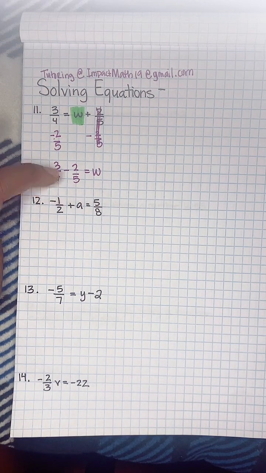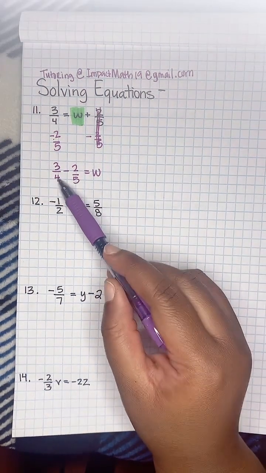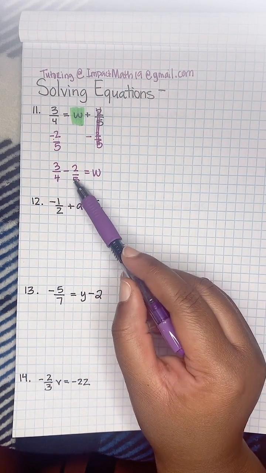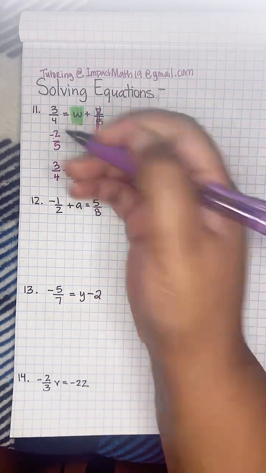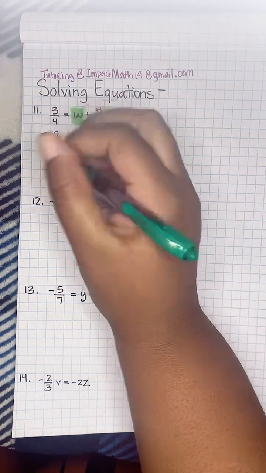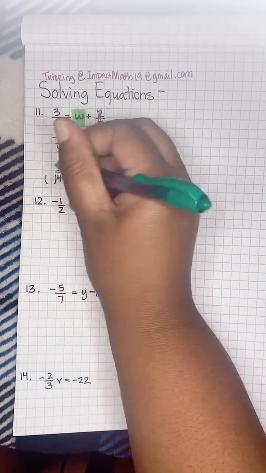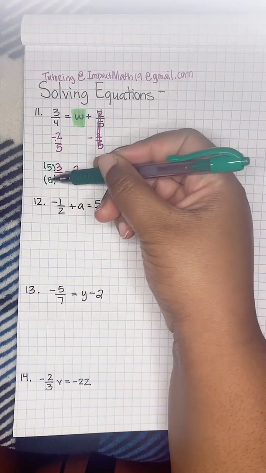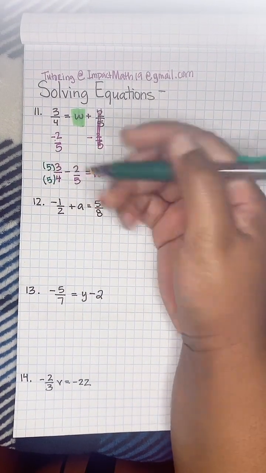The common denominator. Yes. And what that means is the bottom number has to be the same. So we have to think of a number that goes into 4 and 5, which you guys already said is 20. So 4 and 5 can go into 20. So I'm asking myself, 4 times what can give me 20? Well, 5. What I do to the bottom, I must also do to the top.